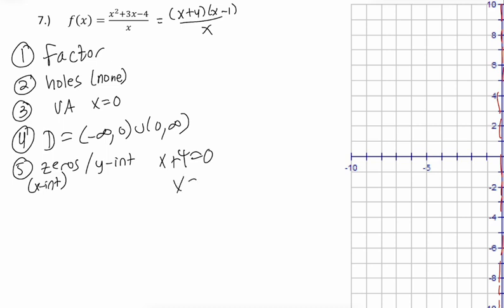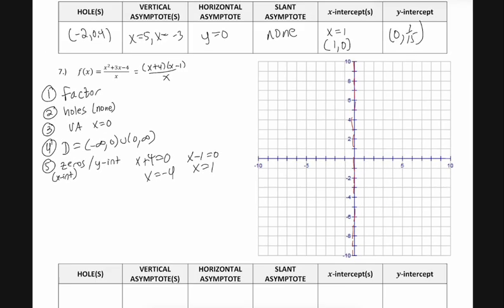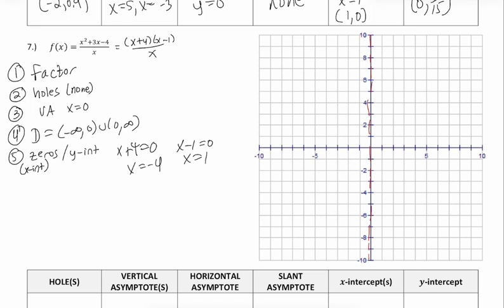So that is at negative 4. The other place where we have a 0 is at positive 1. Go over to our graph paper. Put those on. What is our y-intercept? Well, if you plug in 0, it is undefined. We never hit the y-axis.